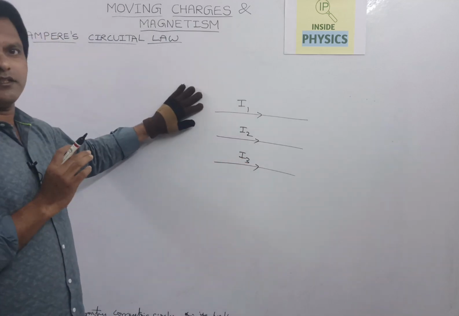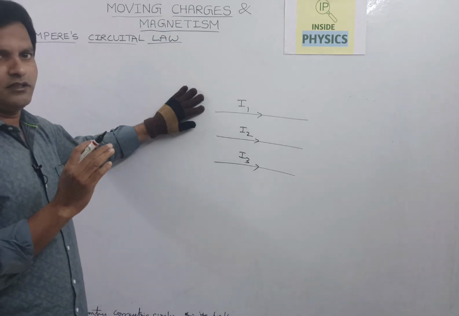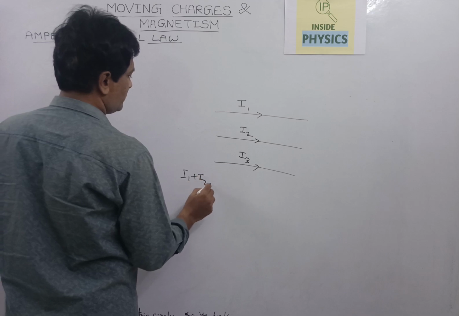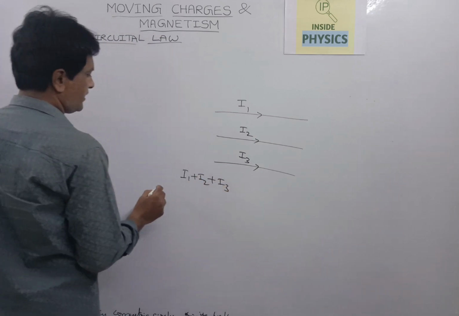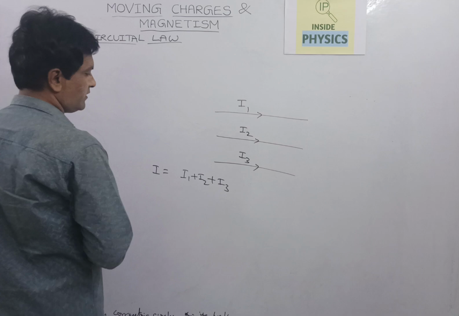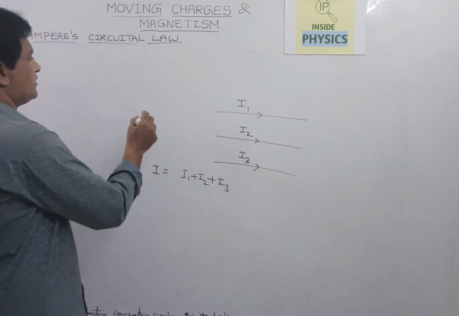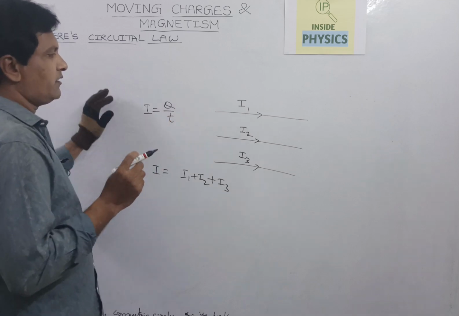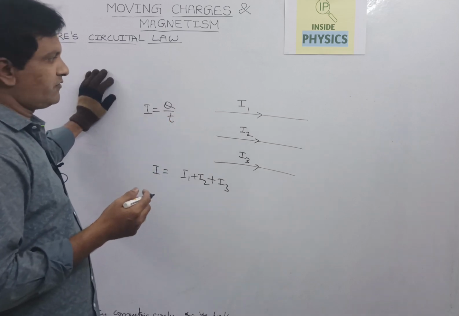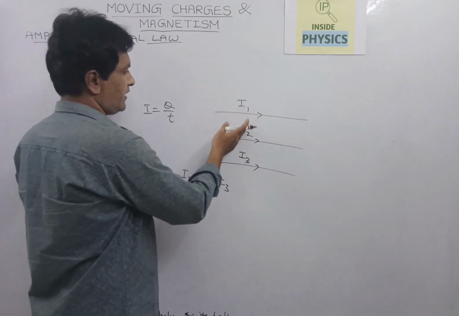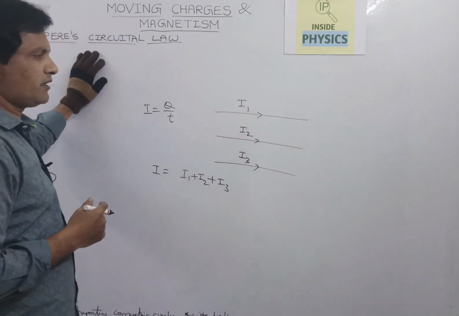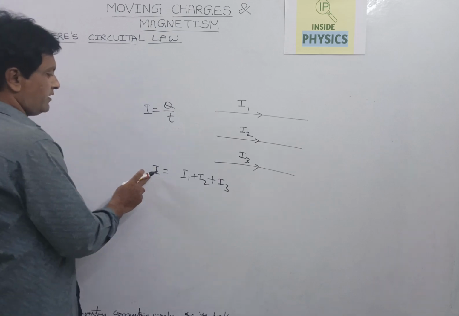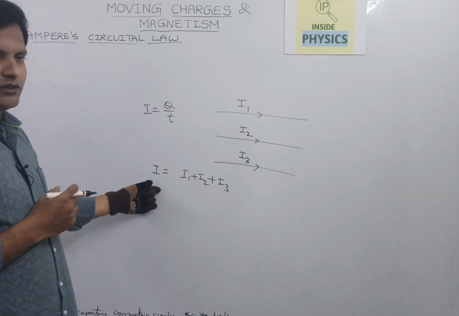So here the net current flowing through the area of cross section is I1 plus I2 plus I3, which we can say is the total current I. The current means the charge flowing per unit time. So how do we calculate the magnetic field around these three current carrying conductors, if you consider the total current flowing in one direction as I, and what is the net magnetic field due to the current I?